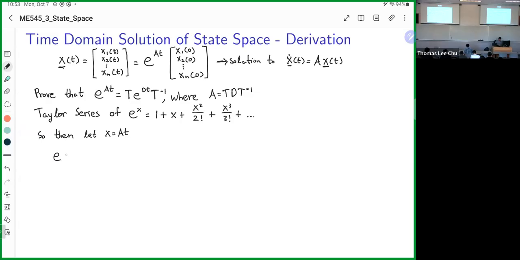So e to the at is equal to, instead of 1, now that's a matrix, the identity matrix, plus x, which is at, plus at squared. So in this case, it's a squared t squared divided by 2 factorial plus a cubed t cubed over 3 factorial. And this is also going to go to infinity.